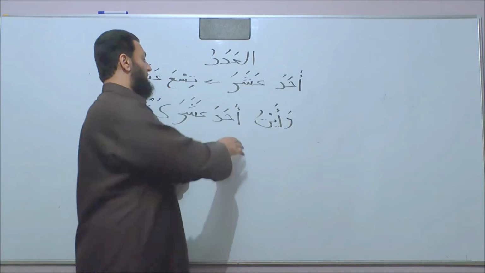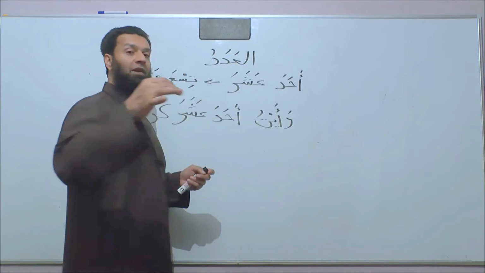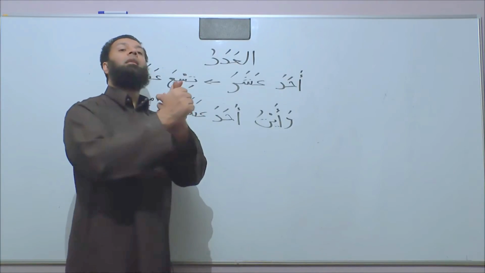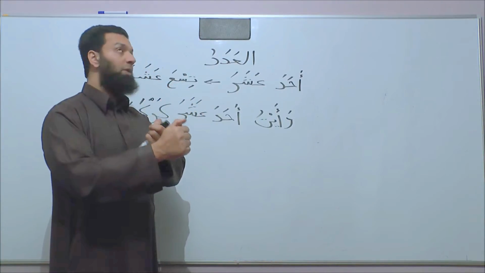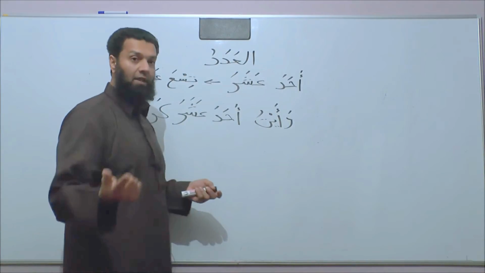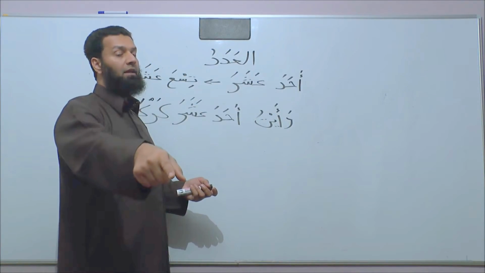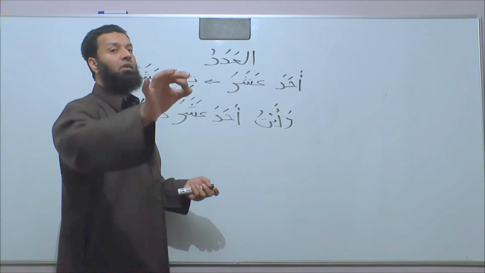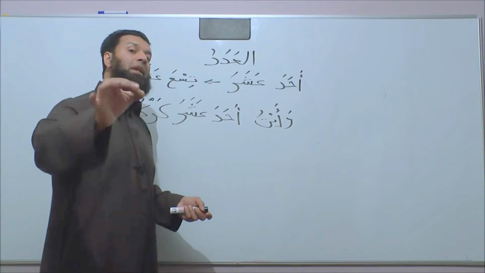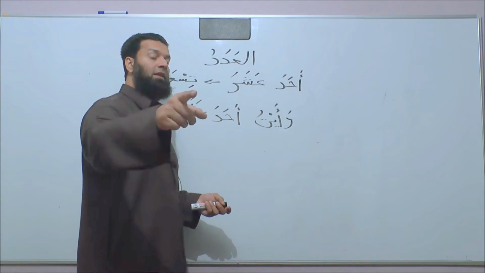So therefore we say that أحد عشر is مبني, we say عدد, a number, مبني على فتح الجزئين في محل نصب. Okay. Because it's in the position of being mansubun, isn't it?